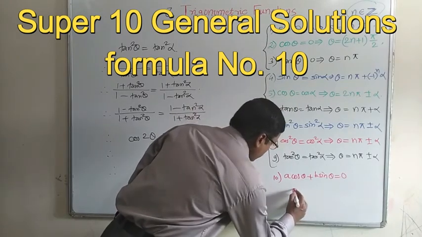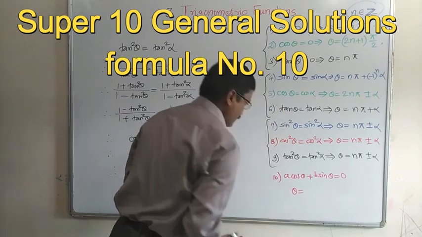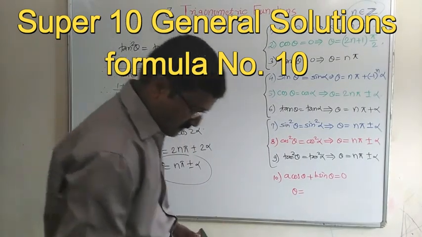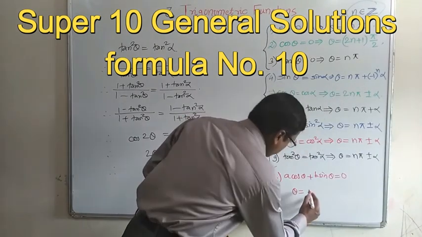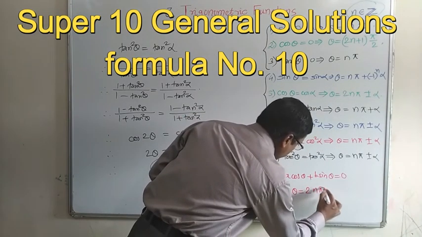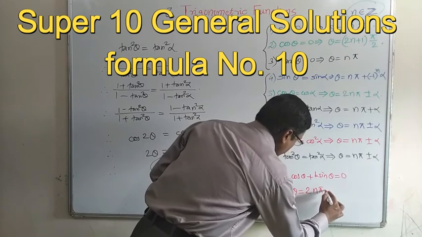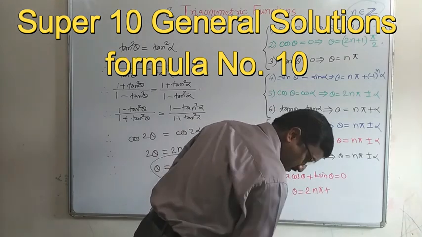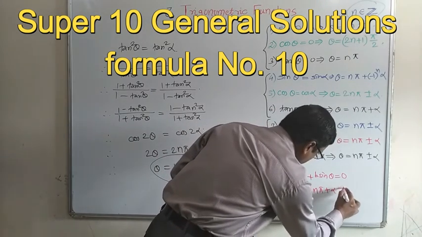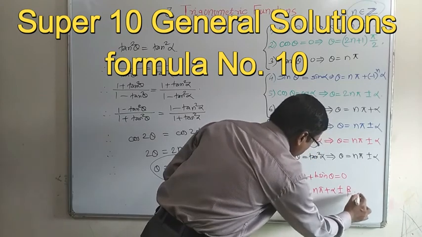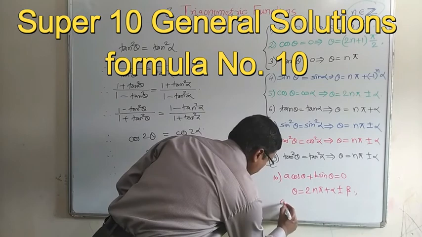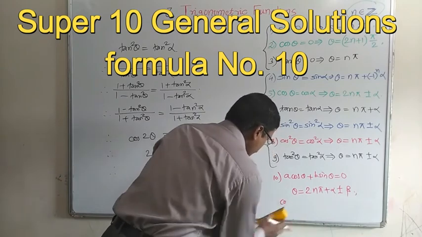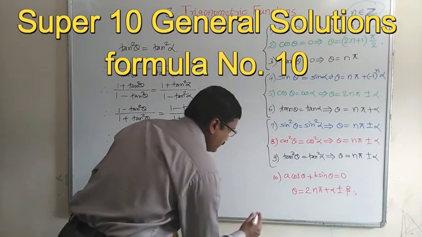Then theta is equal to twice n pi plus alpha plus minus beta, where we have three angles alpha, beta and theta.